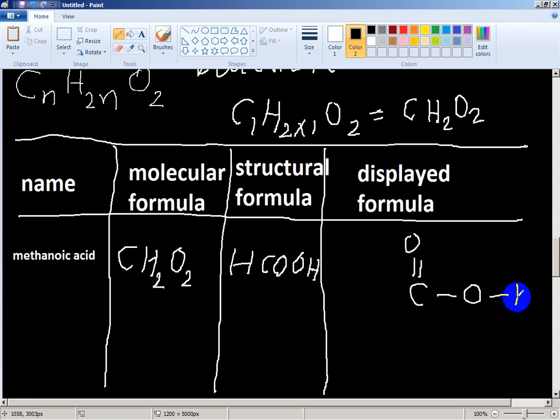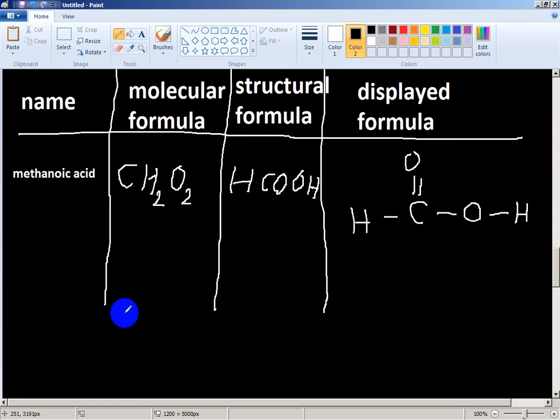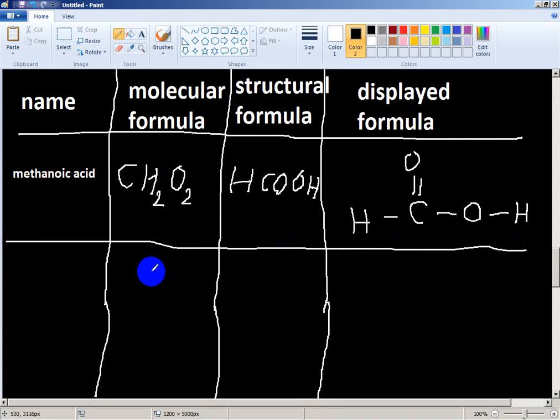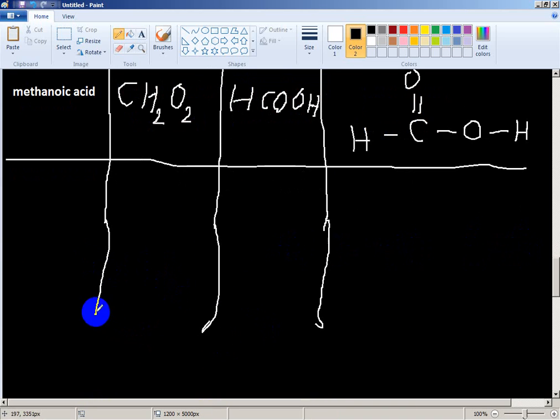This is the functional group of carboxylic acid. Then 1 hydrogen is remaining. This is the displayed formula of methanoic acid. Methanoic acid is finished.